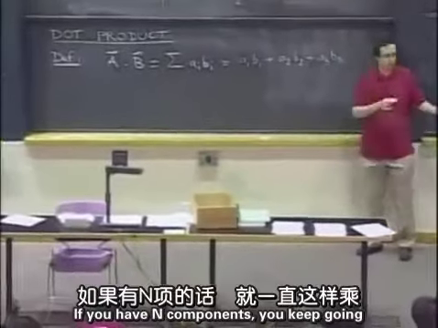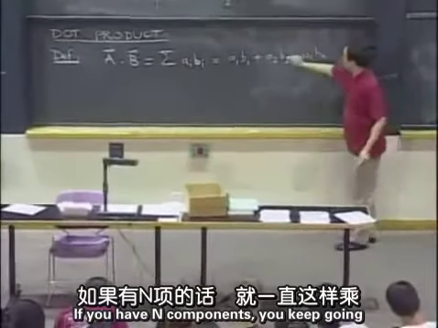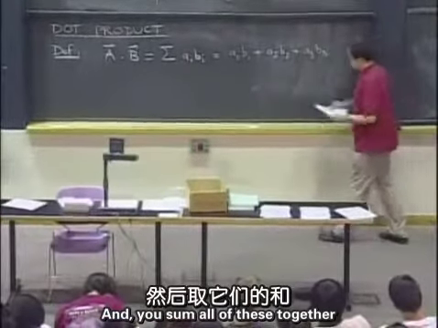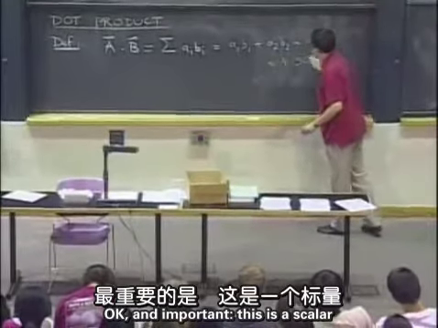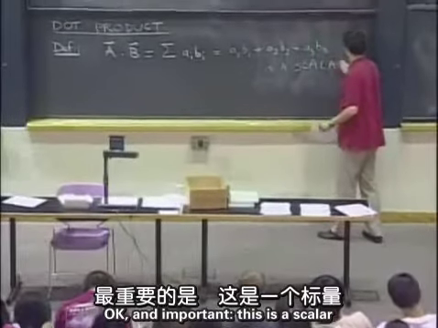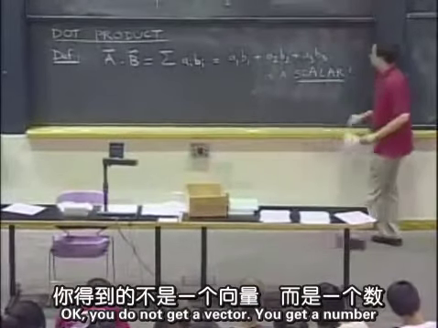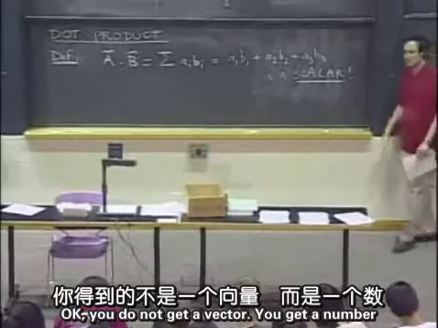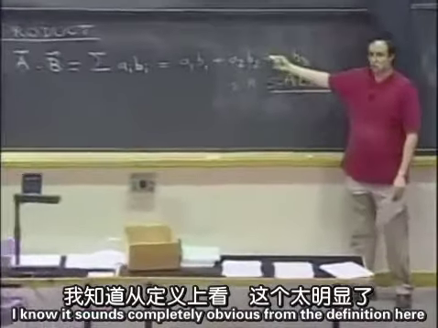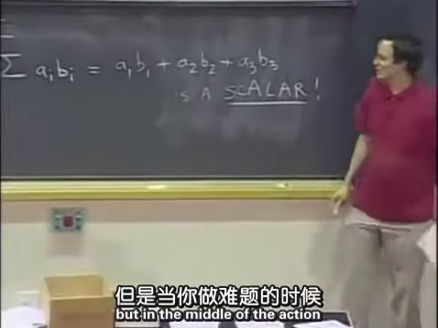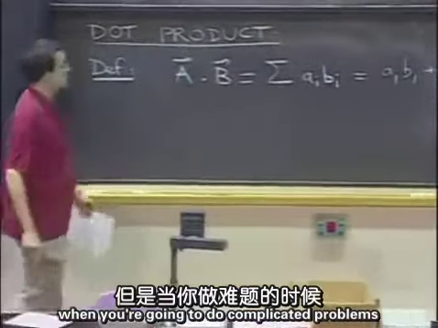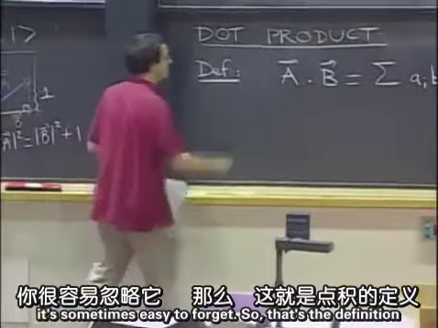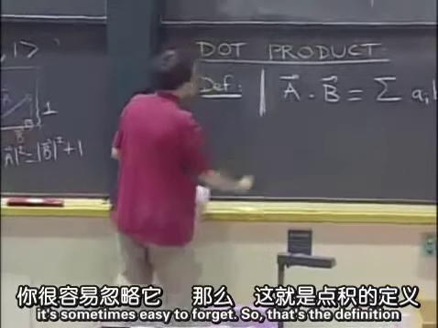If you have n components, you keep going, and you sum all of these together. Important: this is a scalar. You do not get a vector, you get a number. It sounds obvious from the definition, but in the middle of action, when you're doing complicated problems, it's sometimes easy to forget. So that's the definition.